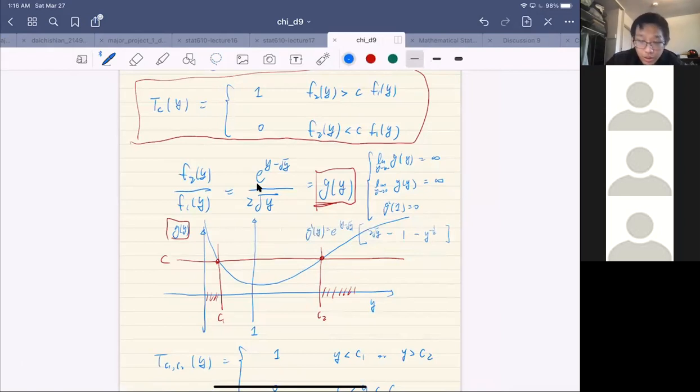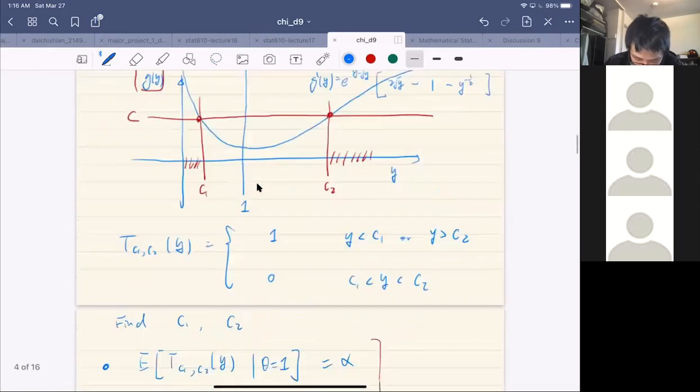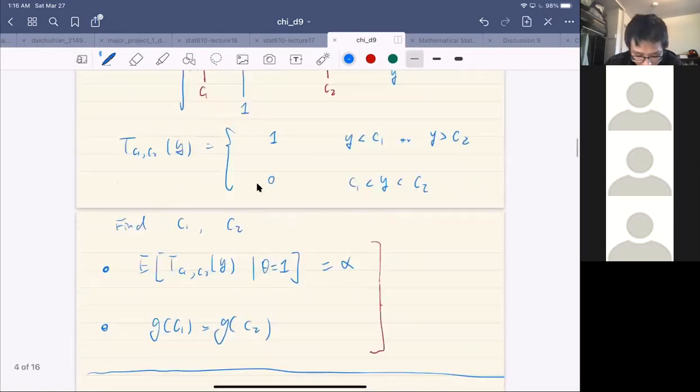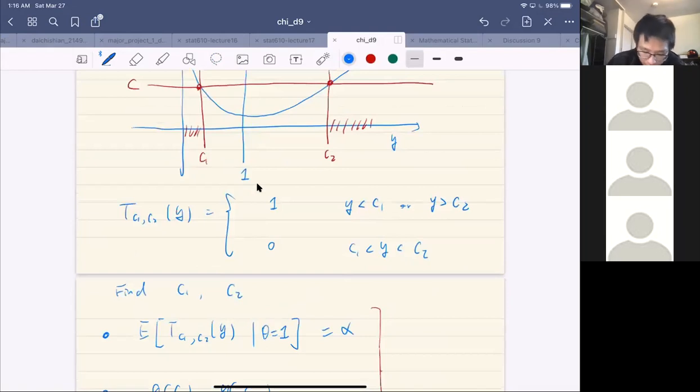Okay, any questions so far? So you created this kind of indicator function of the rejection region, right? Yes. That's a helpful thing to do in this type of question.